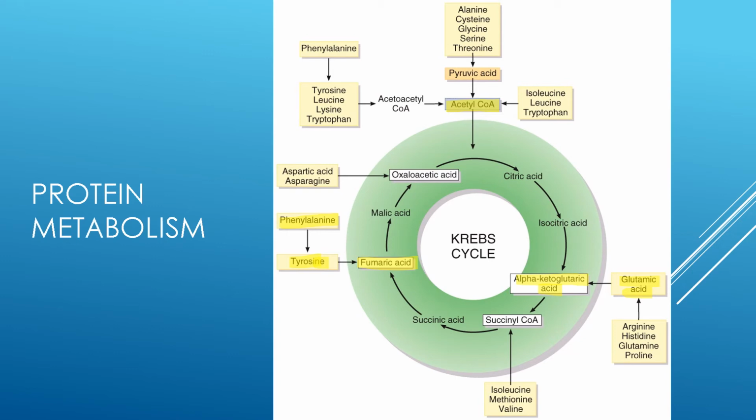So this is all just to say that essentially all the amino acids can't enter into the Krebs cycle and be oxidized to produce ATP right away. They first have to be converted into molecules that are already an intermediate in the Krebs cycle, or they have to be converted into molecules that can enter the Krebs cycle, like acetyl-CoA.